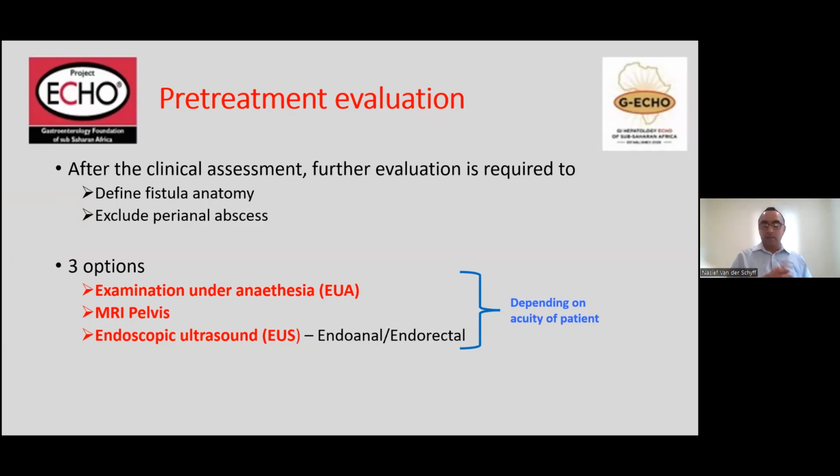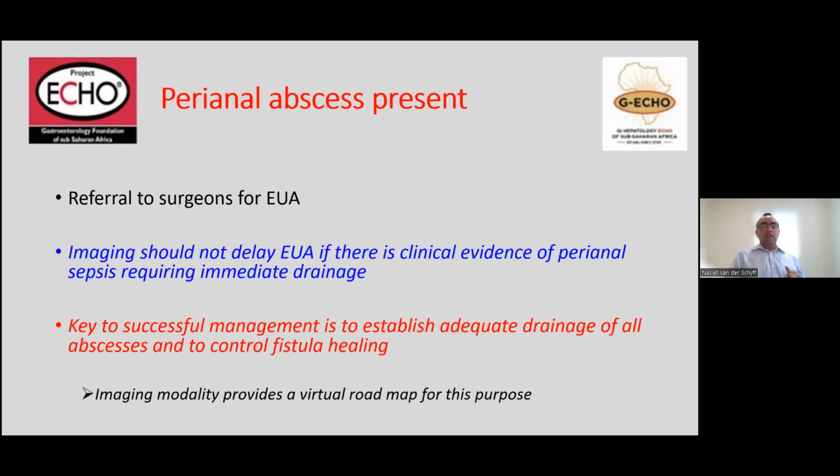Imaging takes the form of either an MRI pelvis, which I'll speak about shortly, or an endoscopic ultrasound that is referred to as either endoanal or endorectal ultrasound. If you examine the patient and there is a peri-anal abscess, the immediate next step is referral of that patient to experienced surgeons, ideally a colorectal surgeon, for an examination under anesthesia.